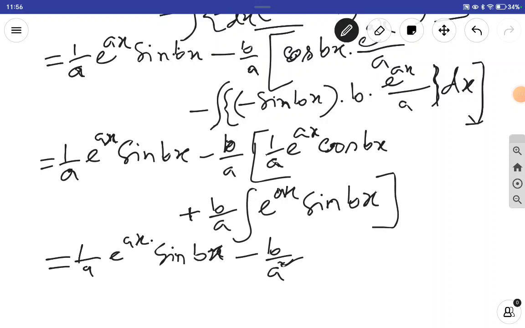I am multiplying with b by a inside the third bracket.